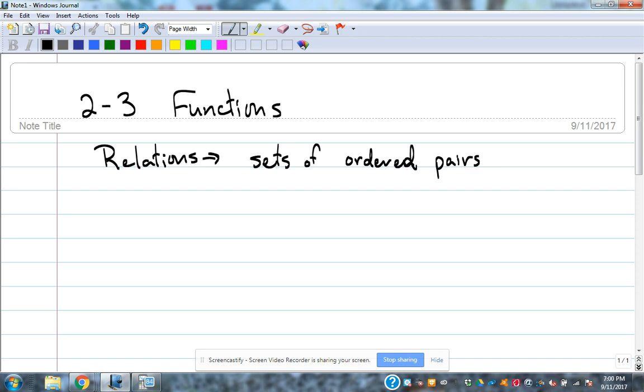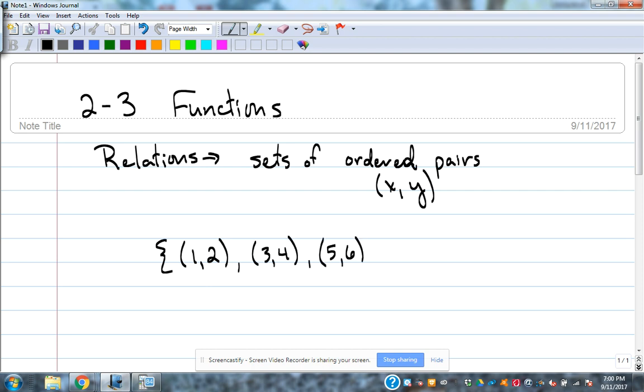Usually we depict those as sets of ordered pairs, written in that direction, x comma y. So a relation would be a set of ordered pairs like 1 comma 2, x value of 1, y value of 2, 3, 4, 5, 6. Just any set of ordered pairs is considered a relation.